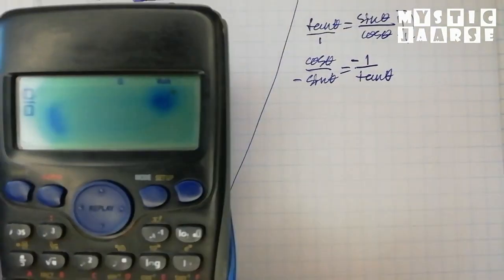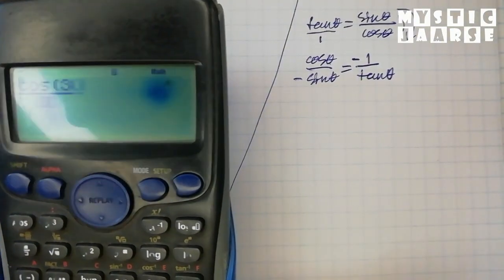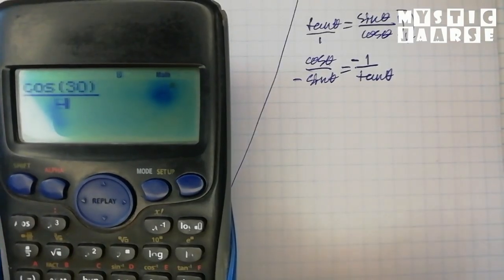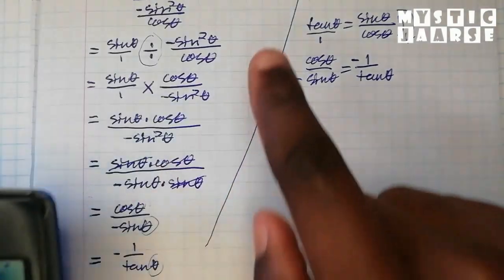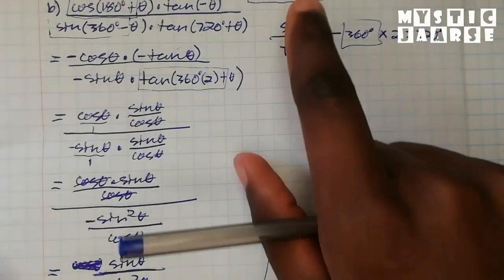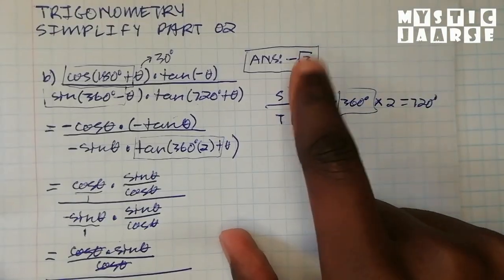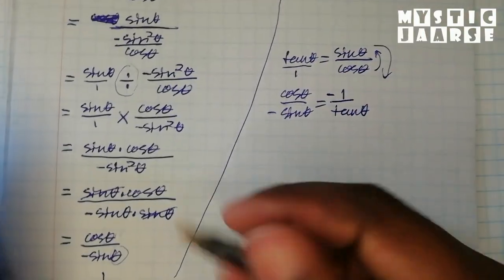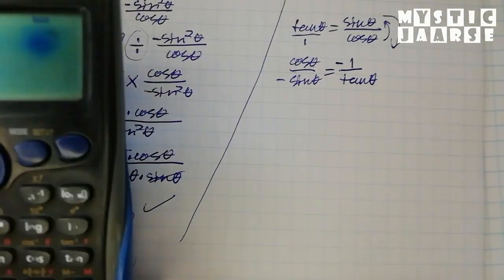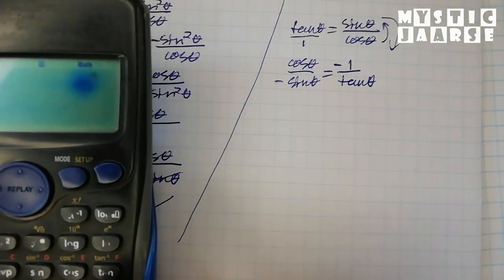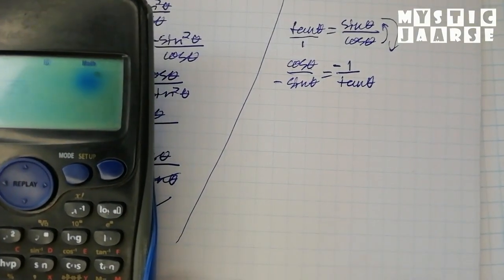We have cos of 30 degrees divided by negative sine of 30 degrees. So this is correct. What about this one? We have negative 1 divided by tan of 30 degrees.